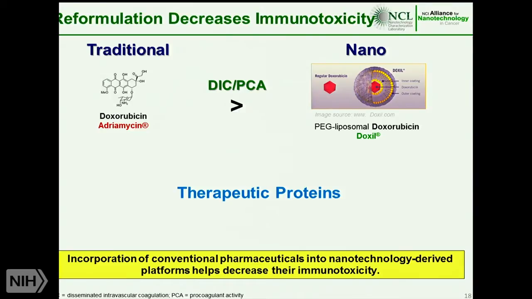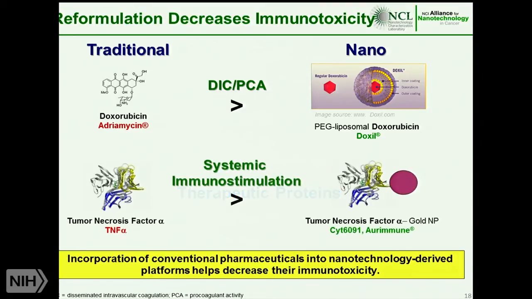Many patients have to be withdrawn from therapy because of these coagulation side effects. Incorporation of this drug into a pegylated liposome, known as Doxil, yields a formulation that does not have this type of toxicity.